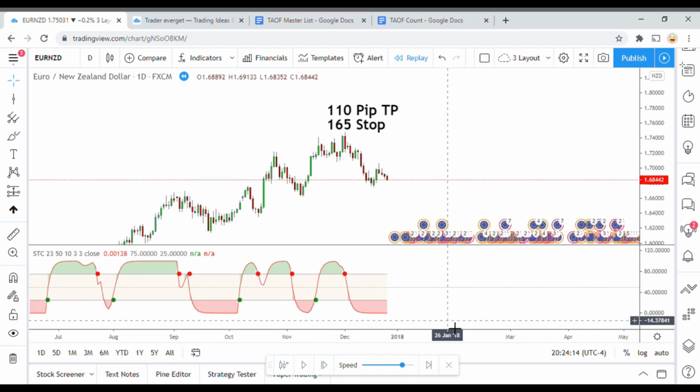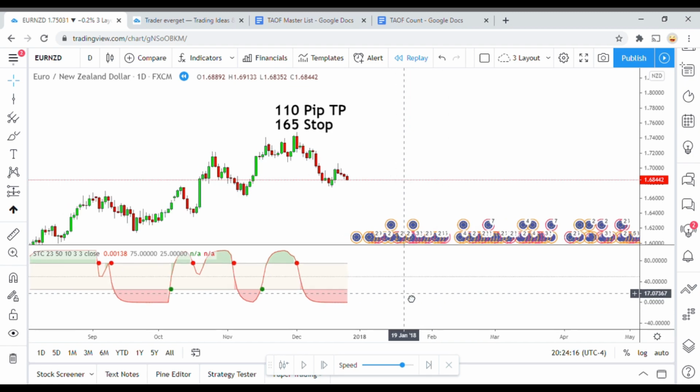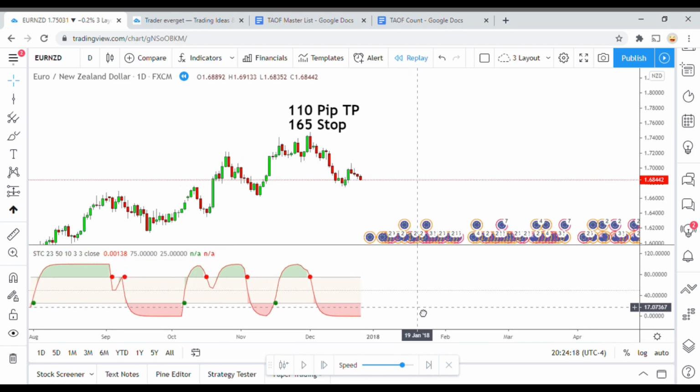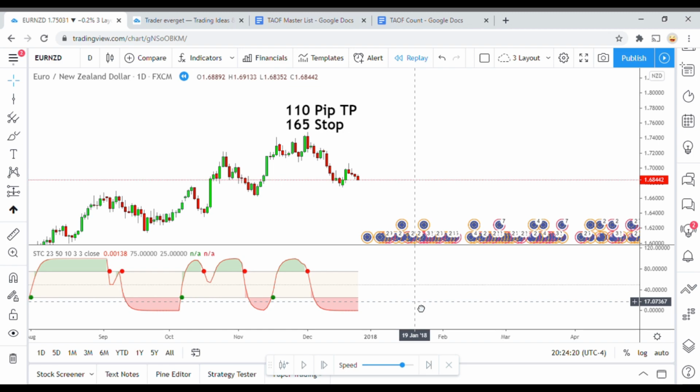There are a few different ways that you can trade the indicator, but the creator, Schaff himself, recommended kind of a two-part system when trading it.